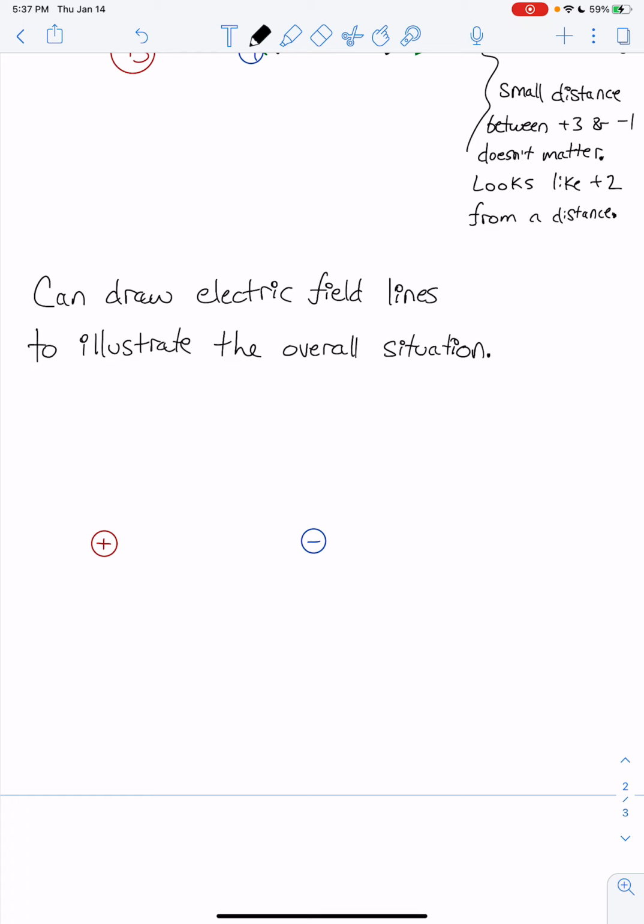Okay, so the first one we can draw is, well, if we pick a point in between these two charges, if we pick a point here, the electric field caused by the positive charge is going to be in this direction. In addition, the electric field caused by the negative charge will also be in that direction.